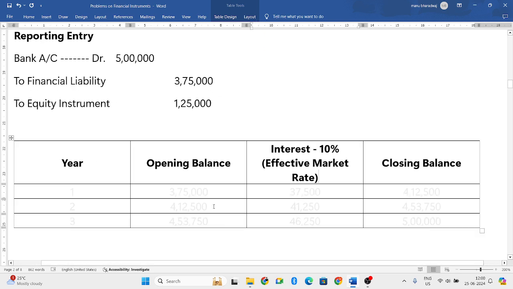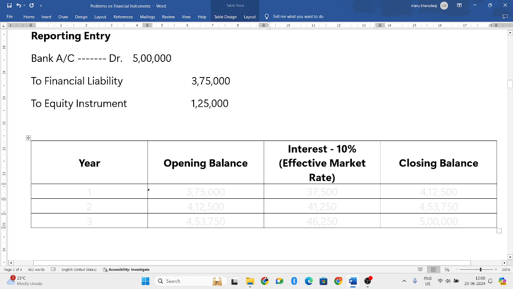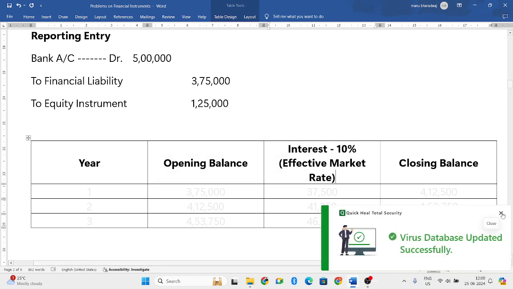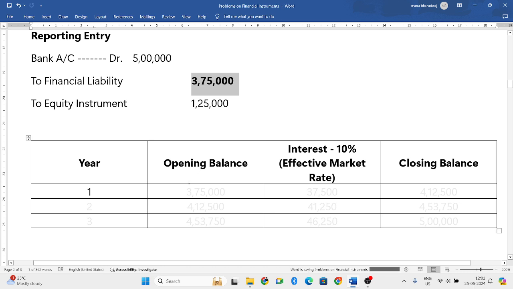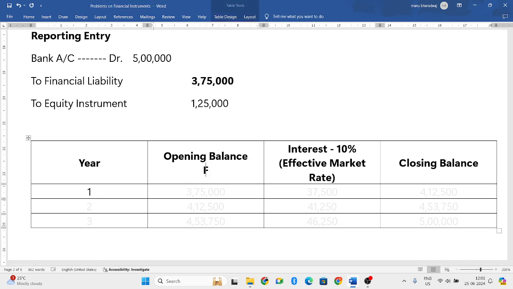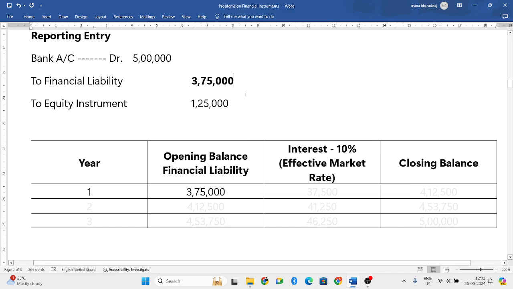So 4 columns you have to take. The columns are year, opening balance, interest and closing balance. First let me solve for year 1. Always take the opening balance of financial liability. So what is our financial liability? It is 3,75,000. 10% is the effective market rate.